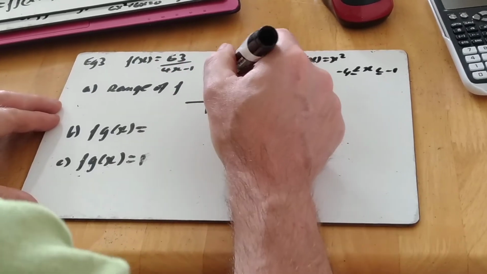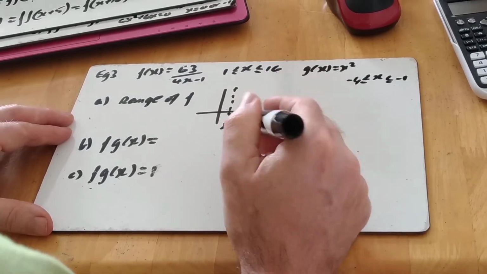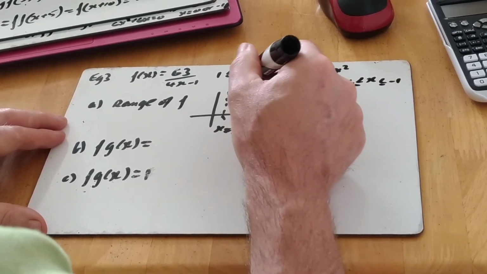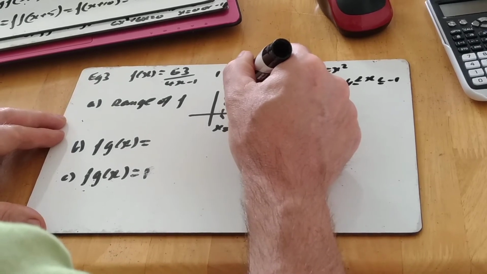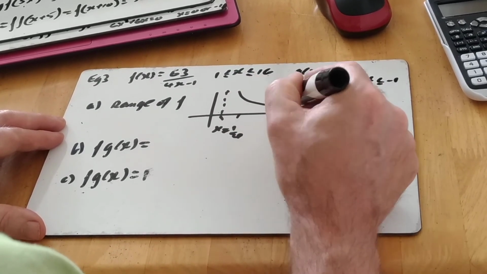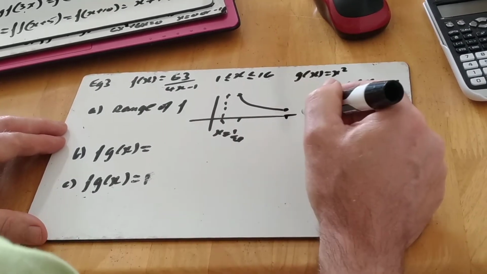So I'm thinking that x equals a quarter will be an asymptote, and it would tend down towards there, and so in particular I'm after this particular part of the curve which goes from x is 1 to x is 16. So I need the y values there and the y value there.